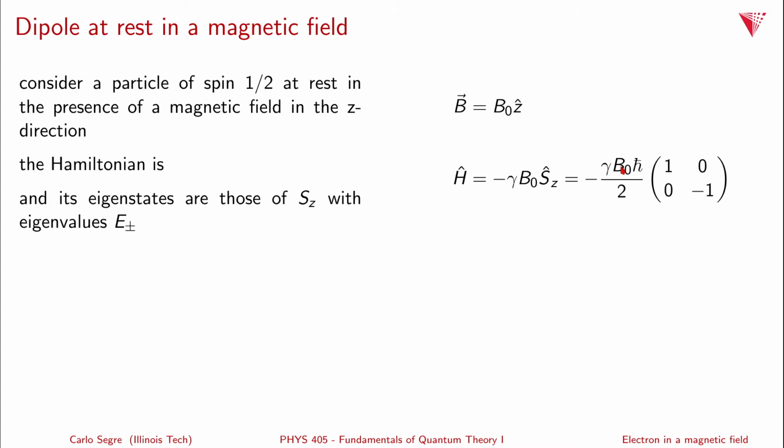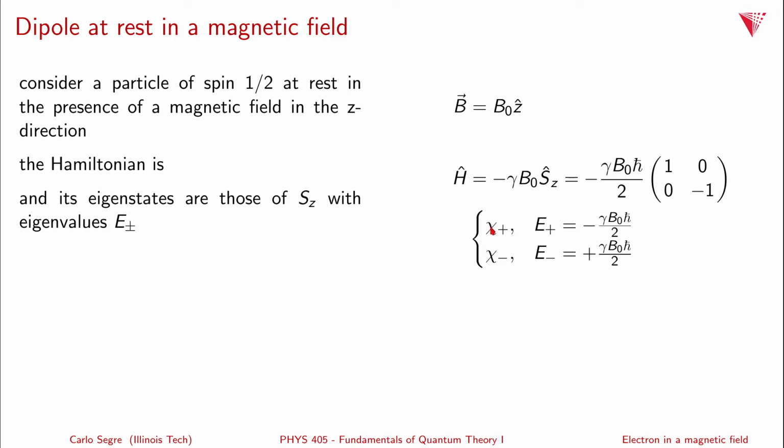The eigenstates of this system are exactly the eigenstates of S sub z, because all this is a multiplicative factor times S sub z, with eigenvalues E plus and E minus. So the spin up gives you E plus, and the energy is minus gamma B sub 0 h bar over 2, and that's when the spin is aligned in the same direction as the magnetic field.